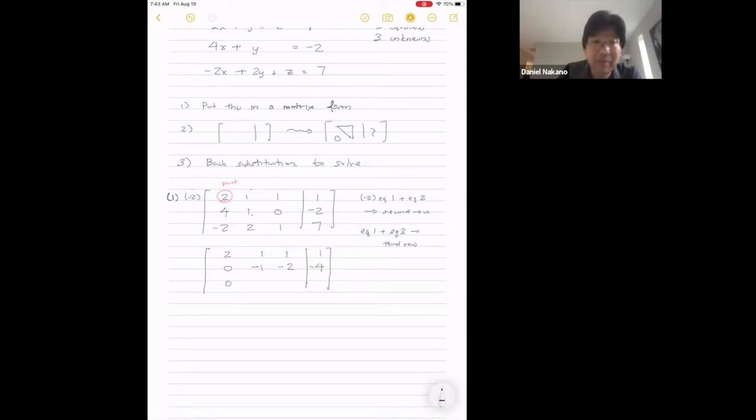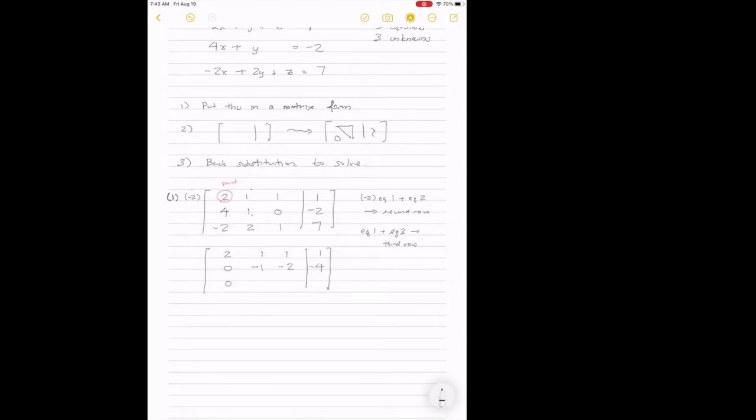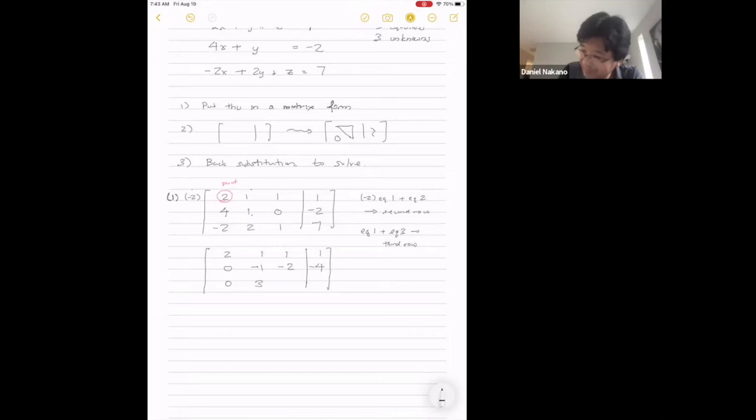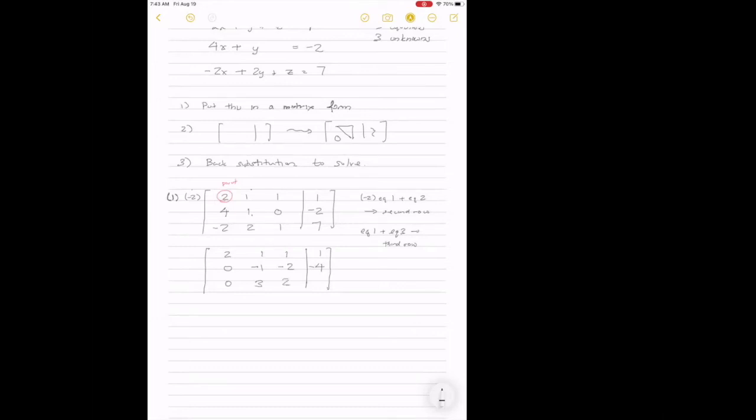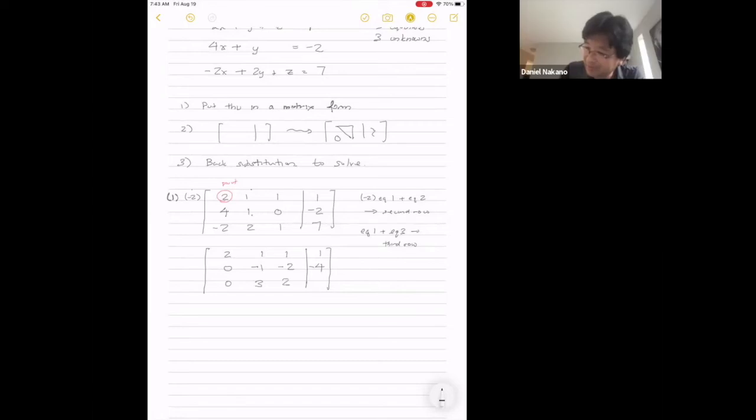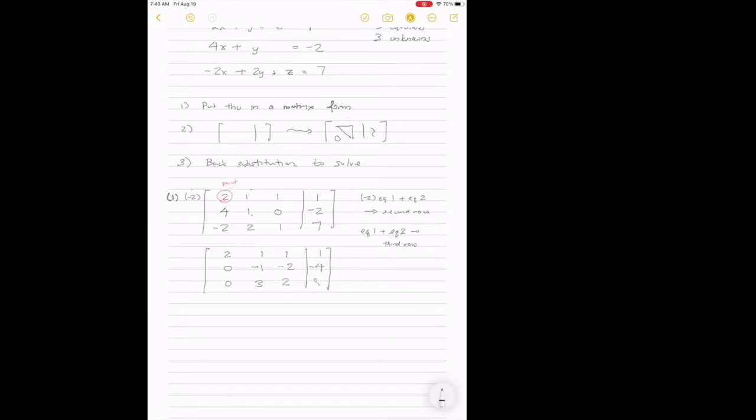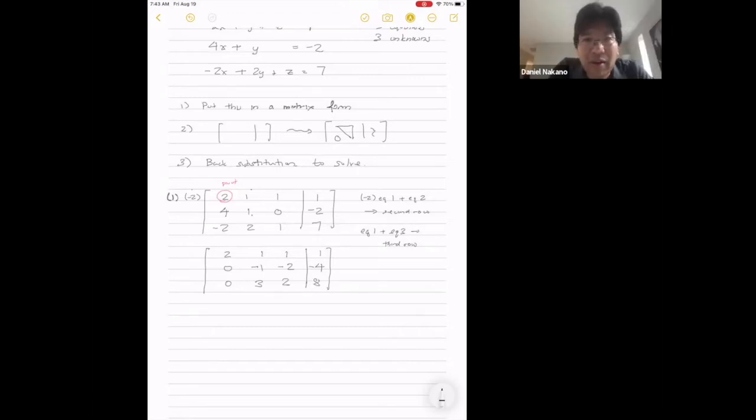What's the next term? Anyone? What do I put in next? 3. 3, good. Next one, 2. 2, good. Next one, 8. 8. Very good. Okay, so notice that after I completed this, using the pivot, I was able to get zeros below the pivot.